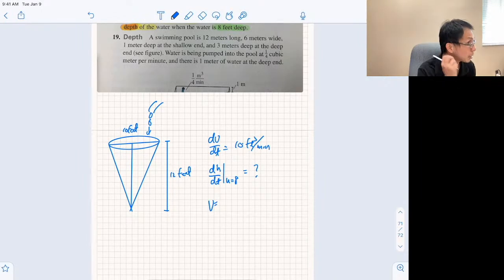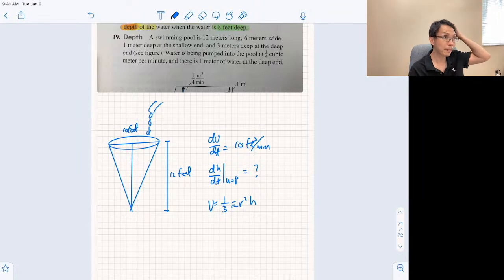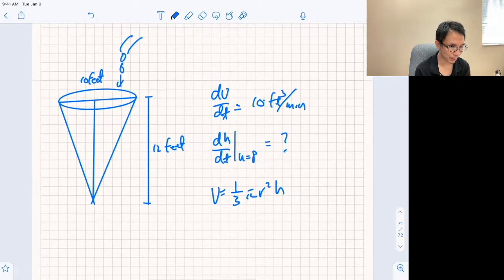So this question needs two relationships. The first relationship is V equals 1/3 pi r squared h. Does that make sense? But if I take the derivative with respect to time, what kind of problem will you foresee here?